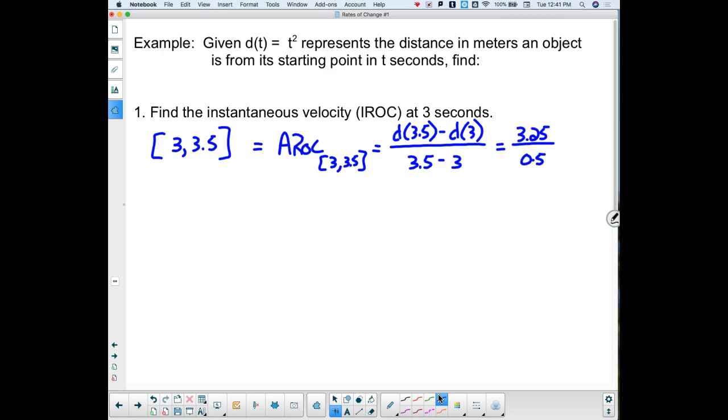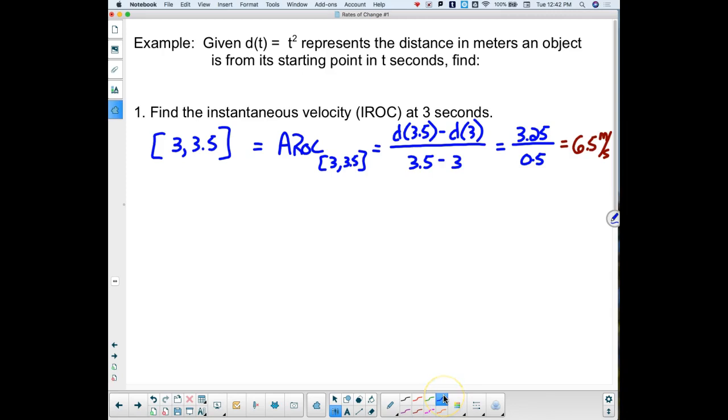So that gives me an average rate of change here of 6.5 meters per second. Agree? But in terms of instantaneous, 0.5 is a lifetime. 0.5 of a second is a lifetime when we're talking instantaneous.